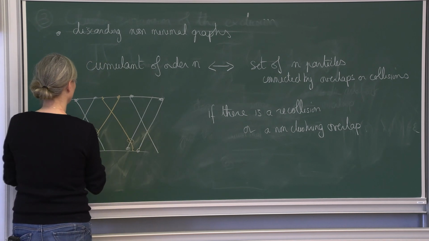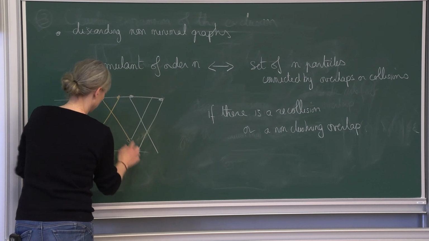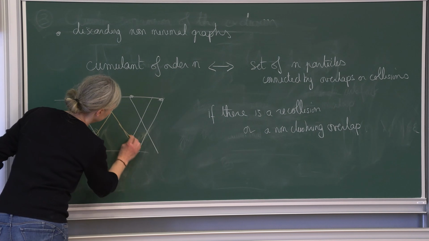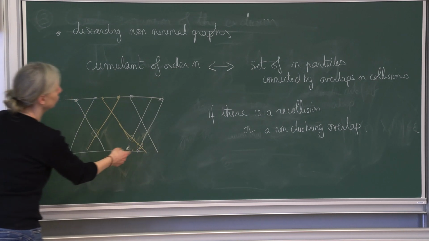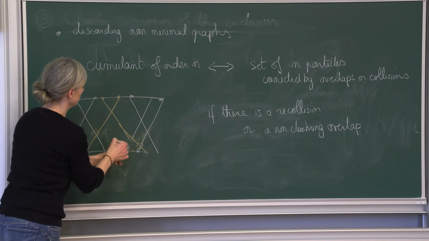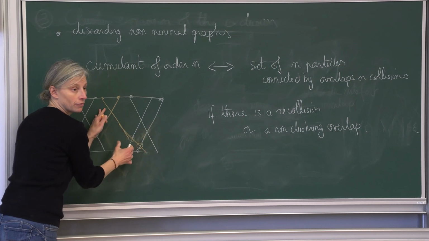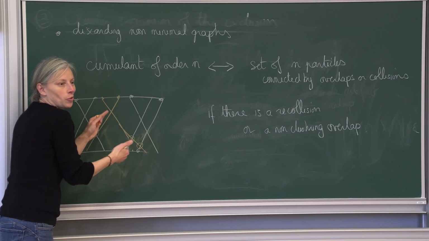maybe it's easier to have a non-clustering overlap. I can just do like this. So I have two overlaps between these clusters and this cluster. So I have one additional one.